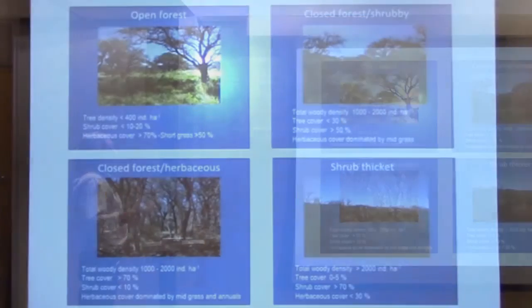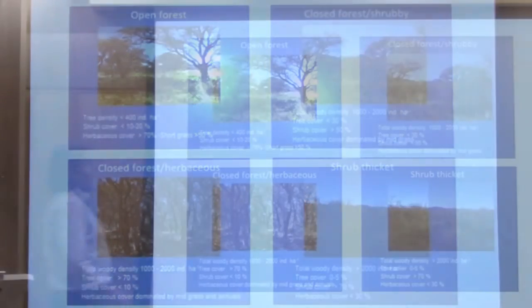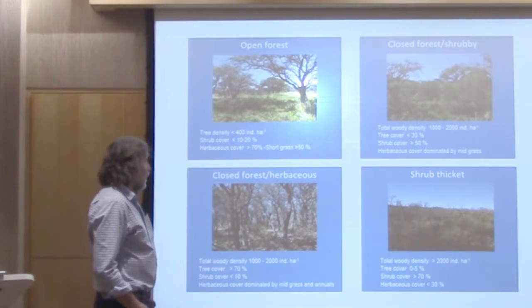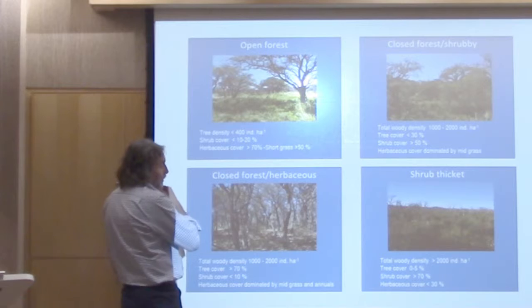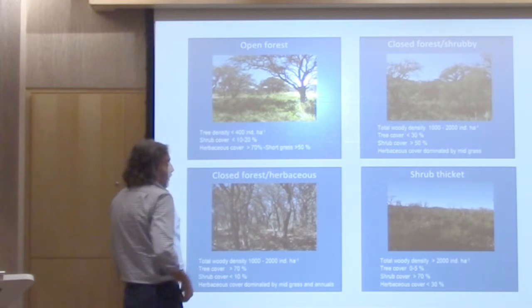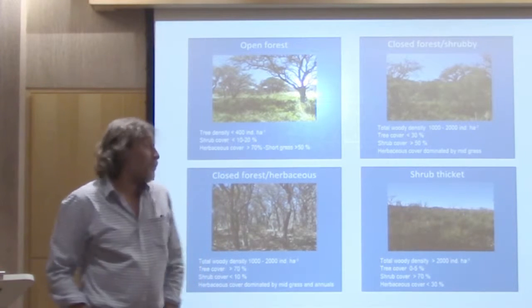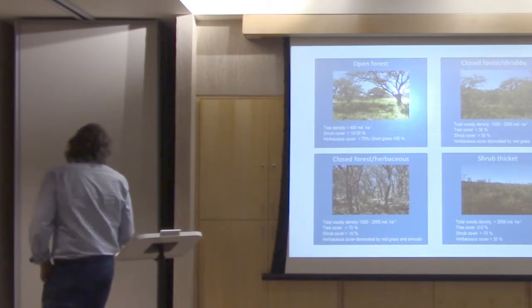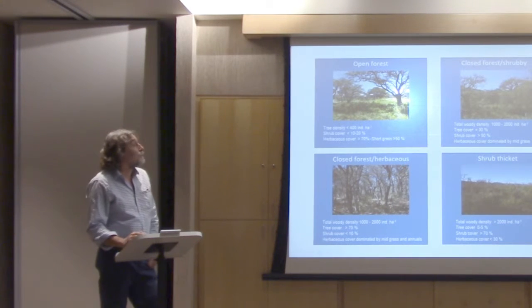So basically, our model has 4 states. We identify this open state as a reference state. This is the most degraded state, the rustic state, and we have 2 types of closed forests: this forest of high density and almost no shrub that is developed under a low fire regime, and instead, when the fire regime becomes more intense, with more fires, we get a promotion of the shrub strata and a kind of transition state in which tree and shrub are both part of the system.